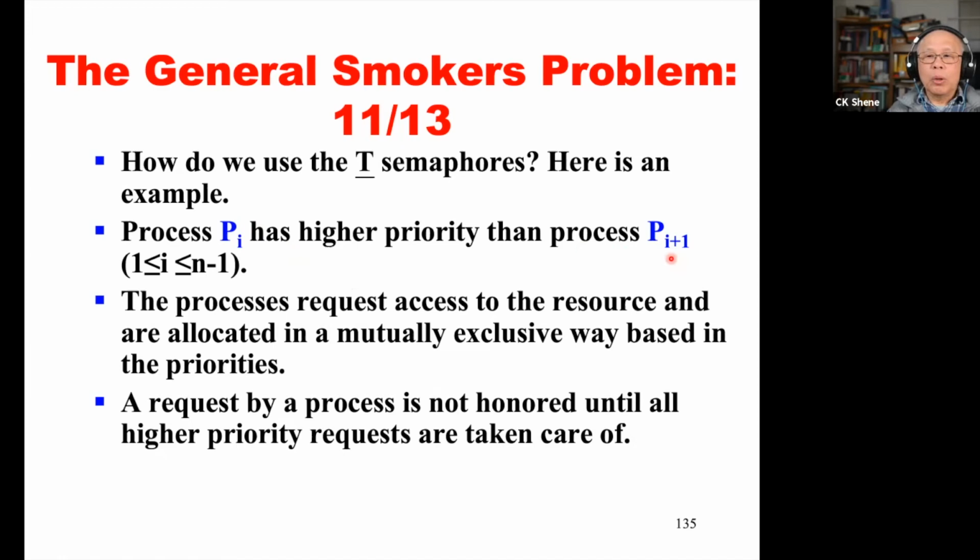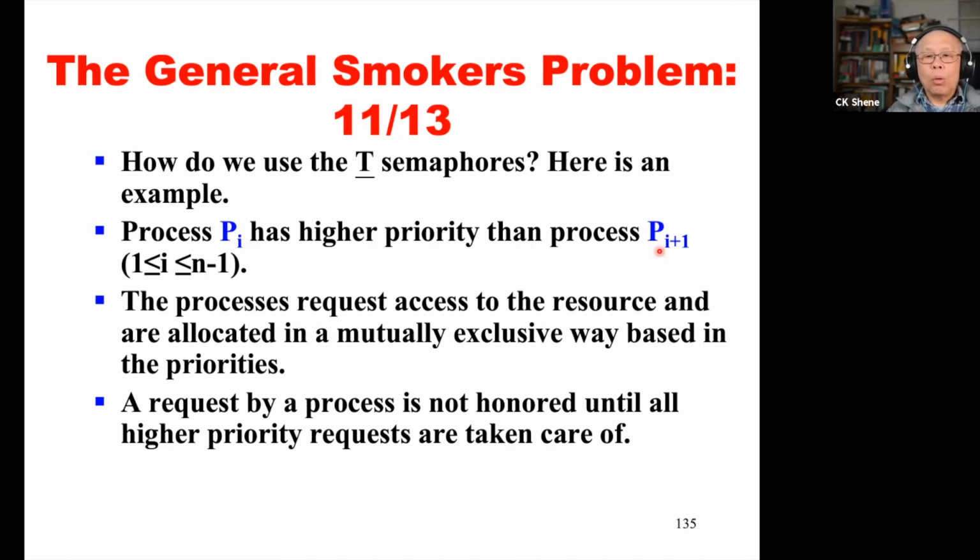So suppose we have a set of processes here. Process P1 has the highest priority, followed by P2, followed by P3, and so on. So Pi has a priority lower than Pi minus 1, but has a higher priority than process Pi plus 1.